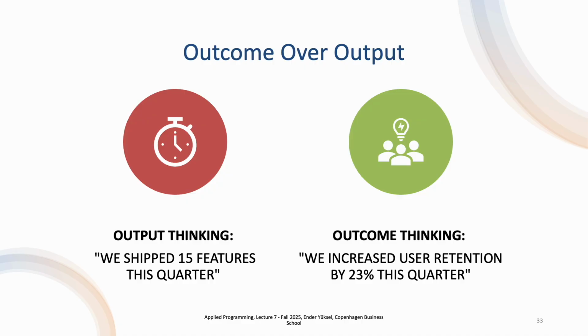So you're counting the number of features you have been shipping, but that doesn't guarantee the user value. That doesn't guarantee that your customers will be happier or will be using all these features. However, when you have outcome thinking, in this example, you look at the improvement in user retention rather than the number of features.